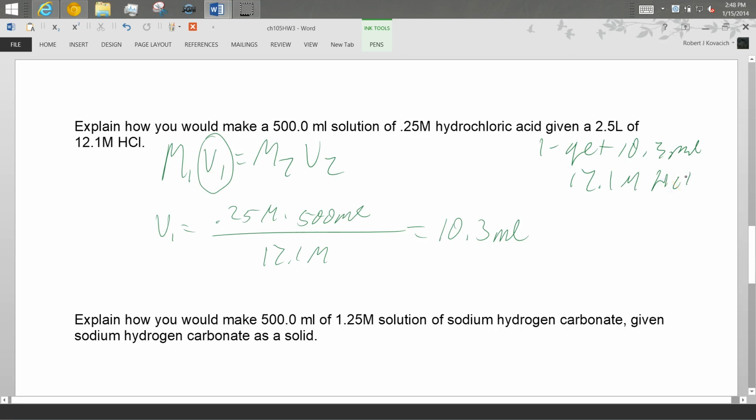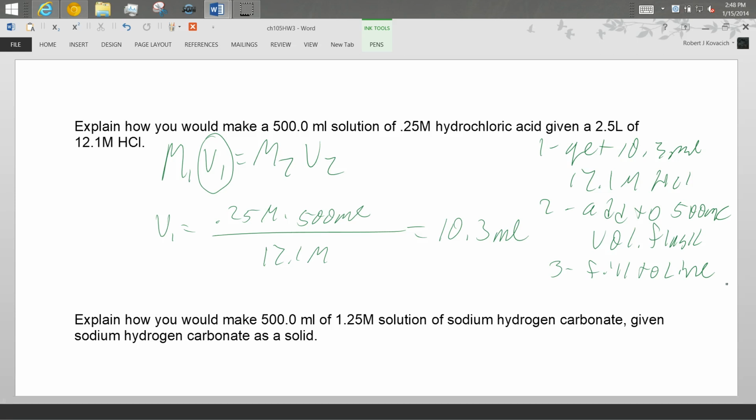Get that amount of HCl, add to a 500 milliliter volumetric flask, fill to the line, and of course you're going to probably want to use a little pipette to make sure that you're super accurate with filling to the line. But when you get a question like, how do you make this? I'm not just looking for the calculation. I want you to tell me how you would actually make it.